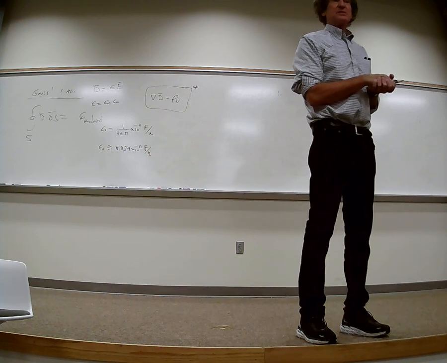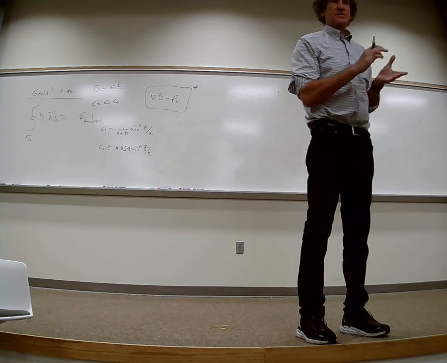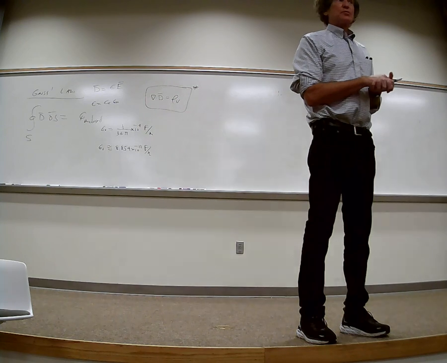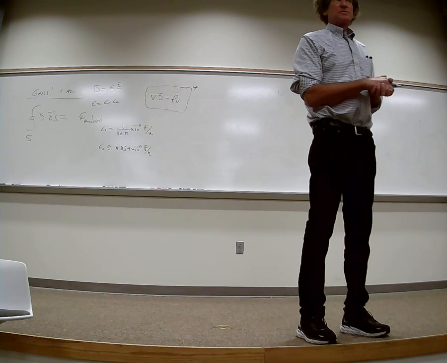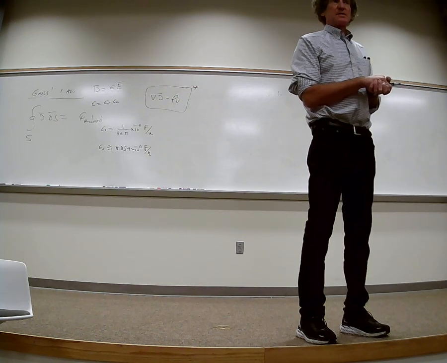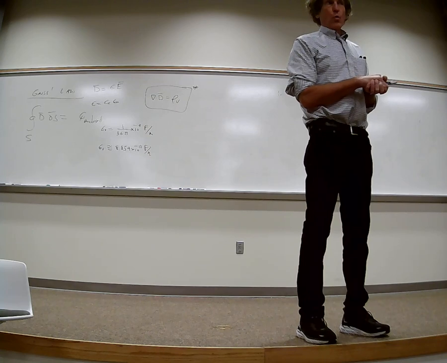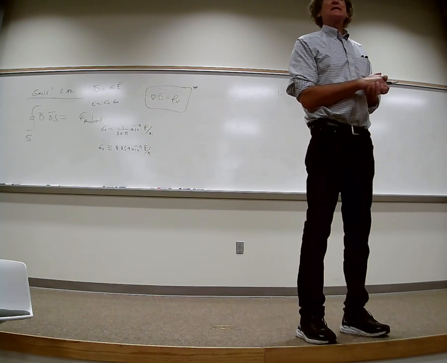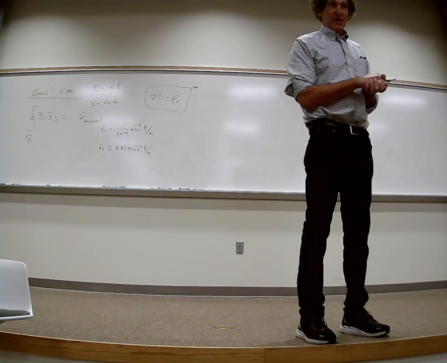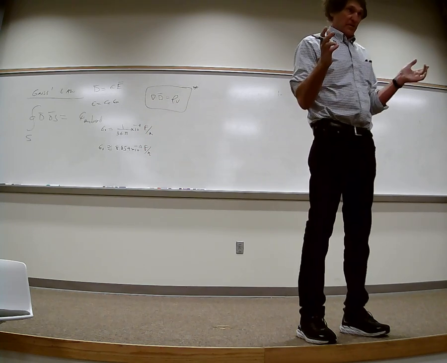There was curl of H is J, basically that's the differential form, and that's assuming that there's no time-varying electric fields. And the second was curl of E is minus dB dt. That's Michael Faraday's law of induction. Now, when they did this, the first sets of equations were written in English units, not in MKS. This is what we use.